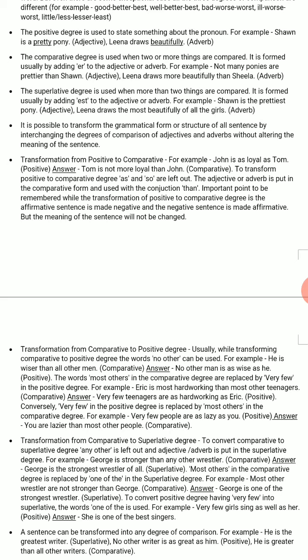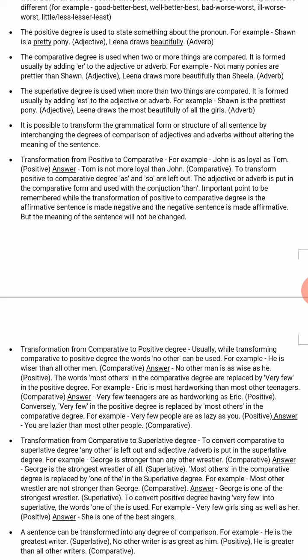So here it has been said that yes, it is possible to change one degree to another. A transformation of degree is possible, but you have to keep one thing in mind, that the meaning of the sentence should not be changed. Without changing the meaning of the sentence, you have to change the degree.